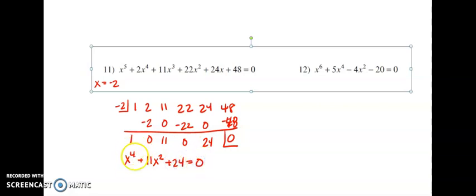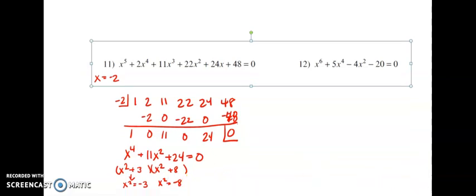When you have these higher polynomials, and we only found one root, that must mean that this polynomial is factorable. And I should recognize that an x to the fourth can be split apart into x squared. And I can think of values that add to 11 and multiply to 24. And then that allows me to solve. So x squared will equal -3, and x squared will equal -8.